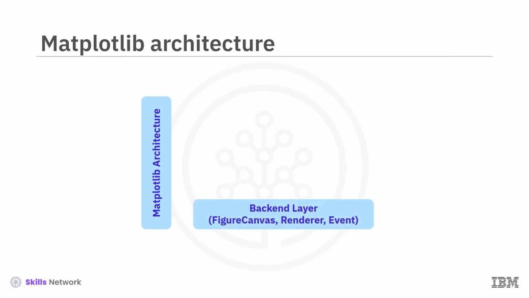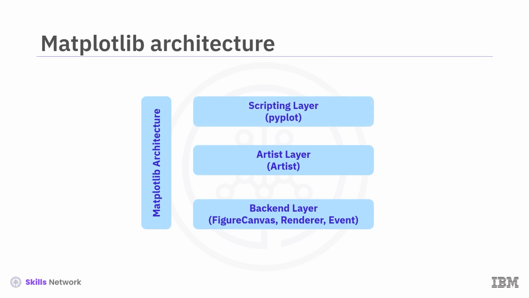The back-end layer, the artist layer, where much of the heavy lifting happens, is the appropriate programming paradigm when writing a web application server, a UI application, or a script to be shared with other developers. The scripting layer is the appropriate layer for everyday purposes. It's considered a lighter scripting interface to simplify common tasks and for quick and easy generation of graphics and plots.